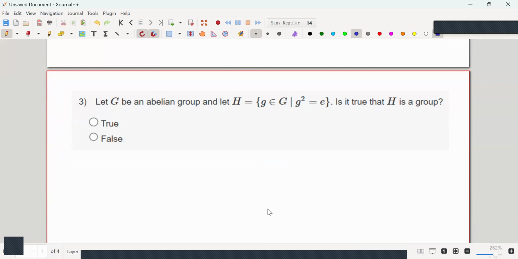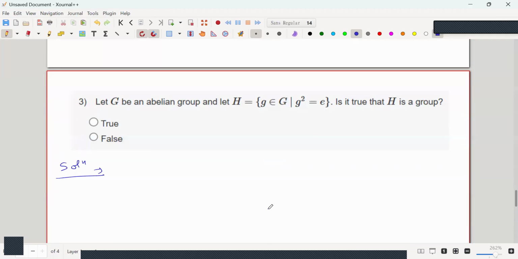And if it is a group, then as it's a subset of G, it will be a subgroup of G. So whether this statement is true or false, let us show that.